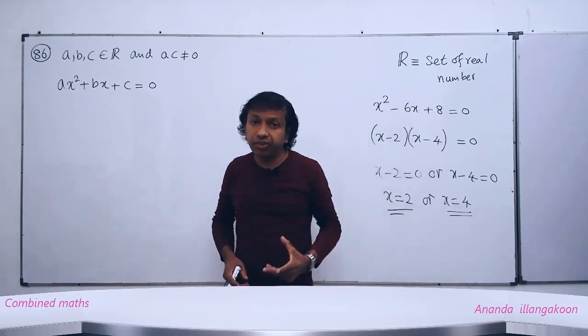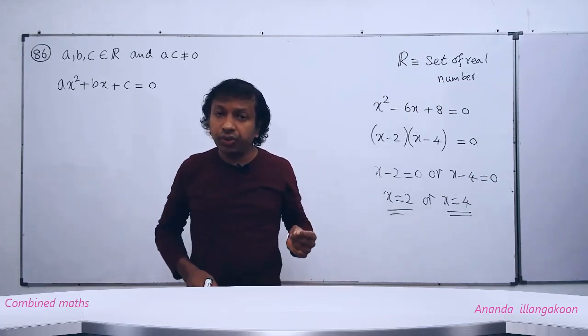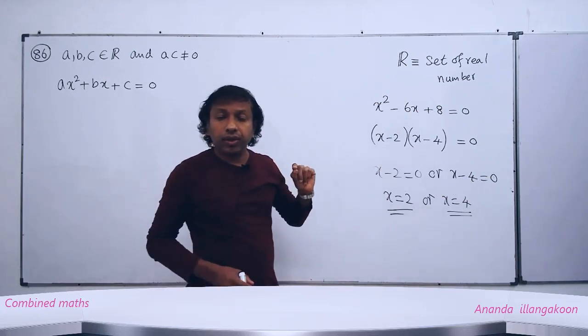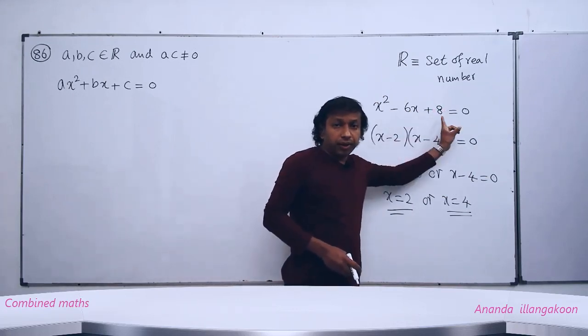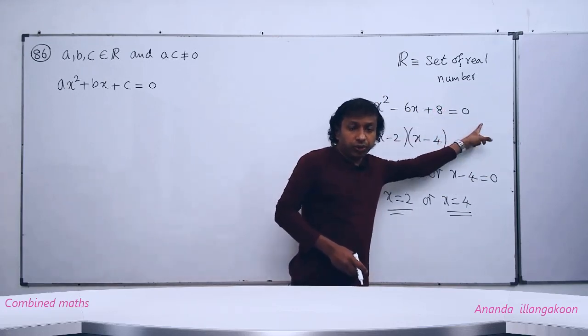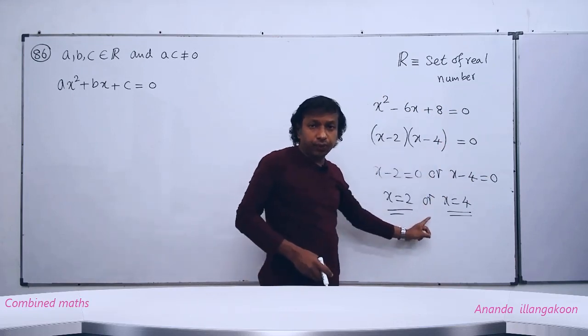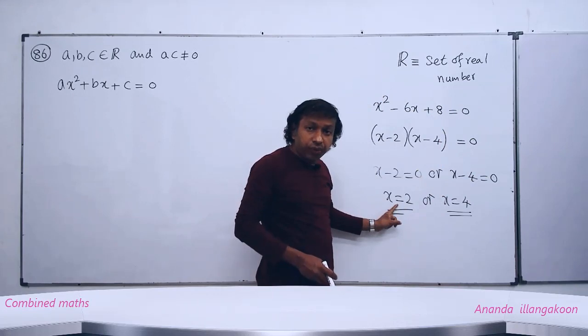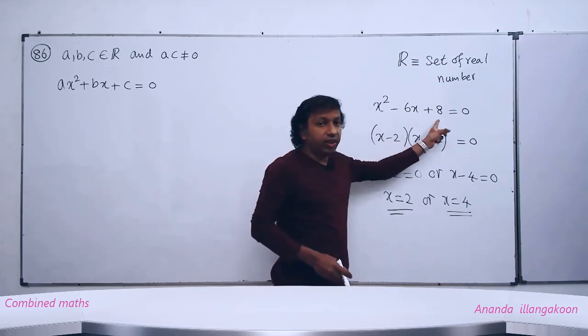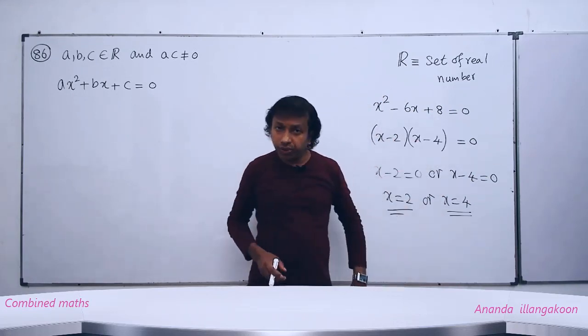The reason is we found these two x values so that the left hand side equals 0. By equating the left hand side to 0, we got these two x values. Then conversely, when you put each x value we found and simplify the left hand side, that should be equal to 0.